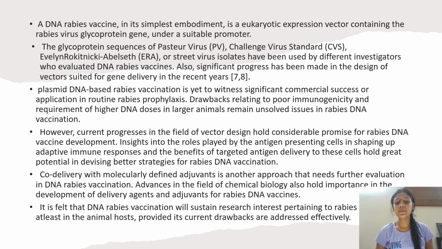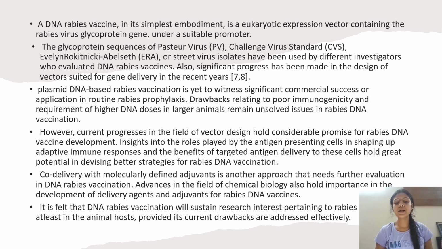Insights into the roles played by antigen presenting cells in the shaping of the adaptive immune response, and the benefits of targeted antigen delivery to these cells, hold great potential in devising better strategies for rabies DNA vaccination. Co-delivery with molecularly defined adjuvants is another approach that needs further evaluation in DNA rabies vaccination.